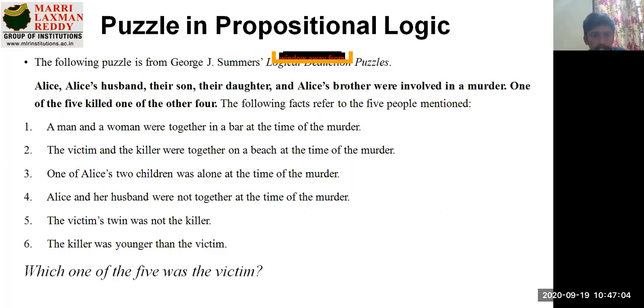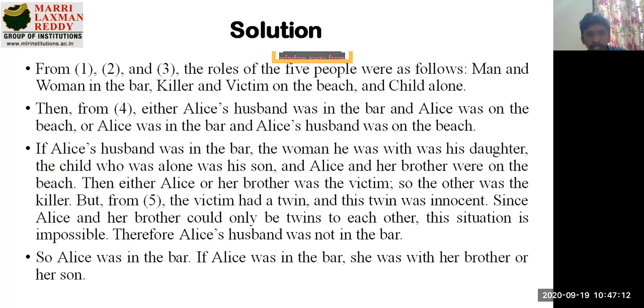Because initially it was said that a man and a woman were together. So Ali's husband was in the bar and a woman was with his daughter. That is a possibility. The child who was alone was his son, because that is the second statement given. This is how we need to reason with respect to the given question, and finally we should reach the hypothesis or the conclusion.